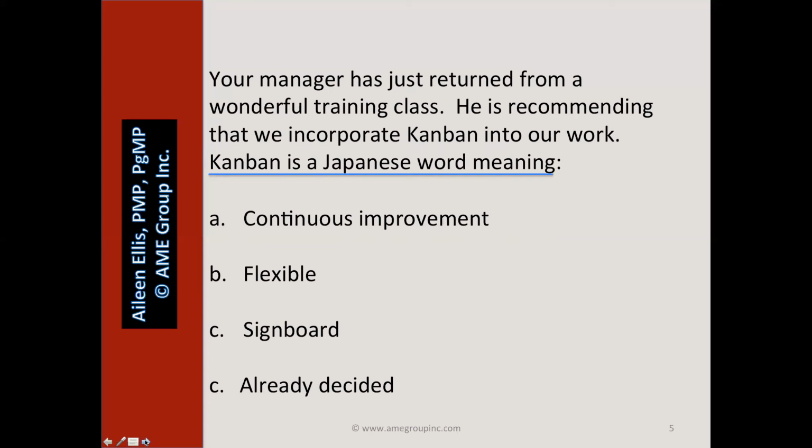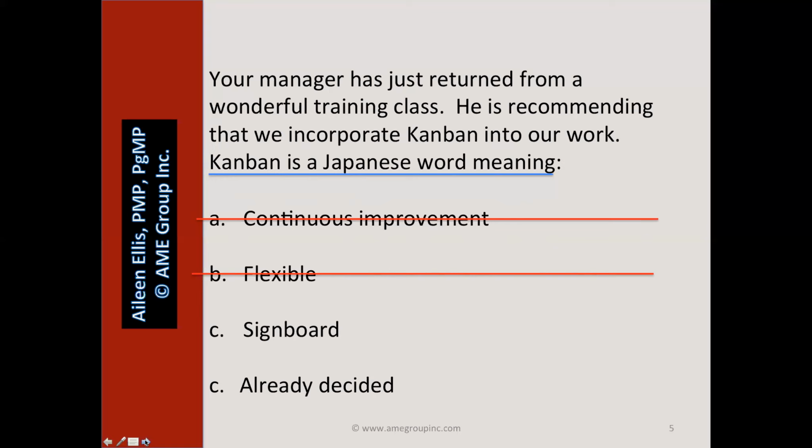If A was the best answer, I think the question would have used the word Kaizen. B, we see the word flexible. I associate flexible with agile, though I'm not implying that the two terms are interchangeable. C, signboard. That's what I think about with Kanban. It's visual. I can visualize my workflow. I use boards.